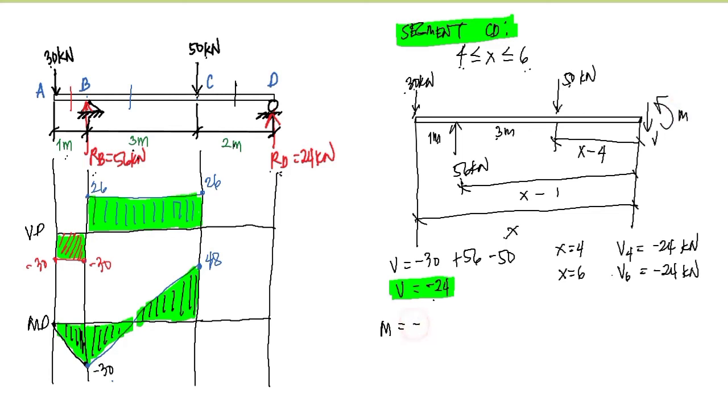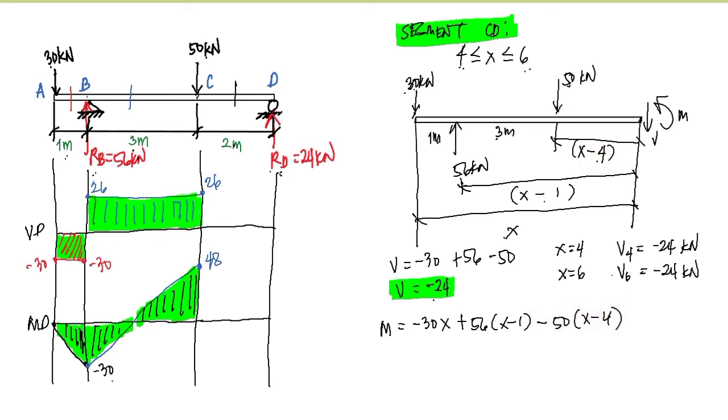So we have negative 30 times x, because this will create a counterclockwise rotation, and we have this 56 that will rotate clockwise, so it's positive, multiplied by the moment arm, which is x minus 1. And this 50 here will rotate counterclockwise, so we have negative 50, and the distance is x minus 4.